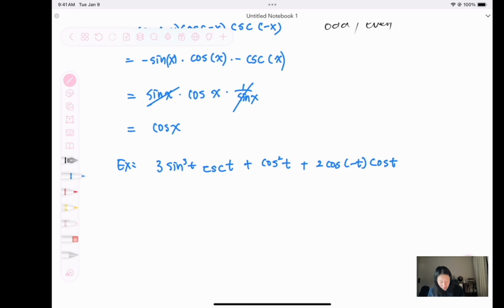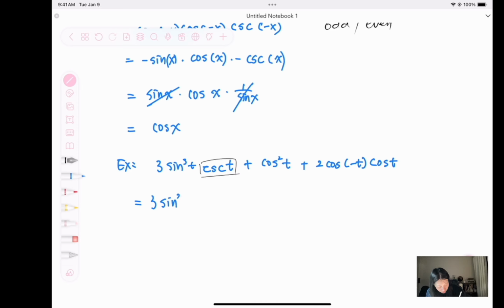Again, let's clean things up one by one. If you see a cosecant, usually my first thought is I don't like these cosecant things. I would like to rewrite it into sine and cosine. That's always a nice thing to do.